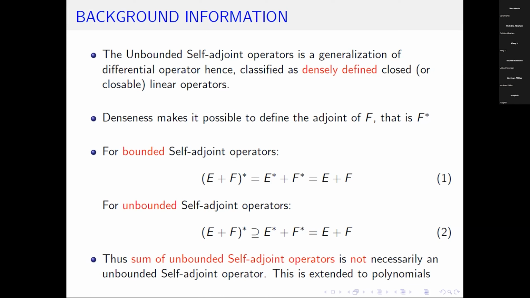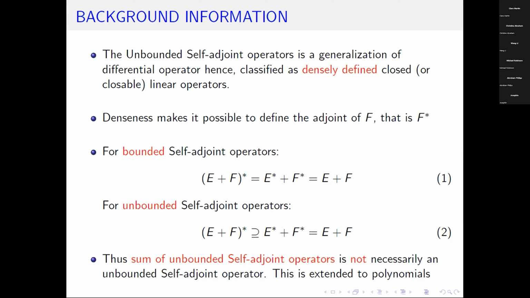Now, these particles, of course, vibrate, move around, generate heat, and all that. And that motion means that the position of these particles, the momentum, the spin, can be described by what we call operators. And these operators are unbounded self-adjoint operators. That's why we are interested in looking at unbounded self-adjoint operators. Why? The observables of these operators are actually self-adjoint operators.